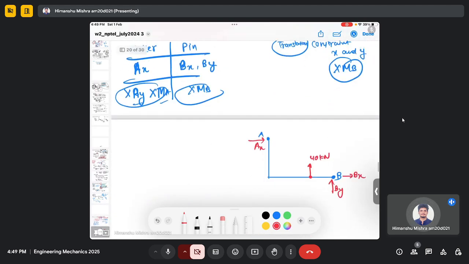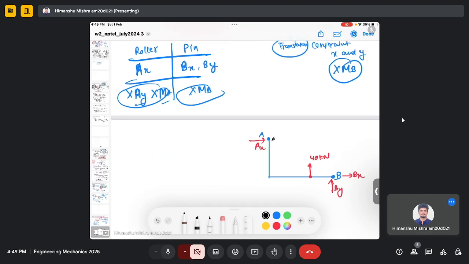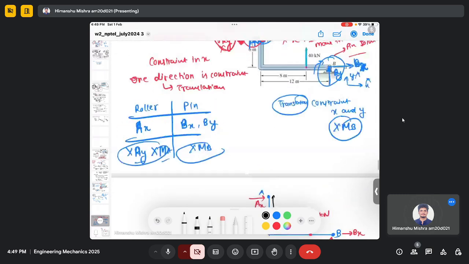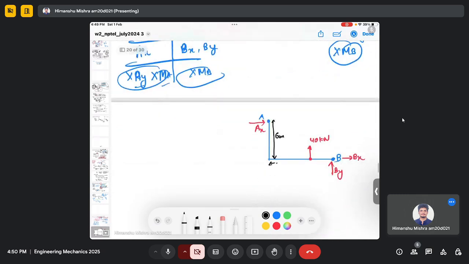We need to determine the reaction forces Ax, By, Bx. This is 6 meter, 8 meter, this is 12 meter. And the unknowns are Ax, Bx, By.